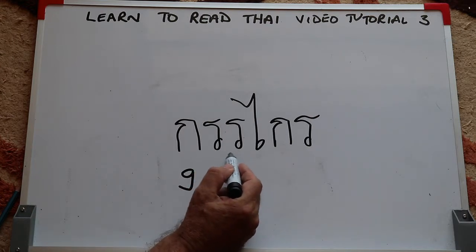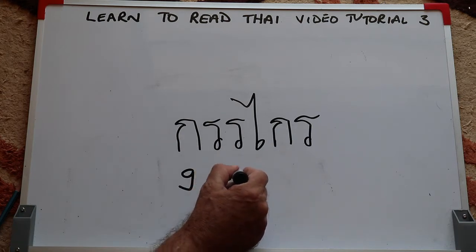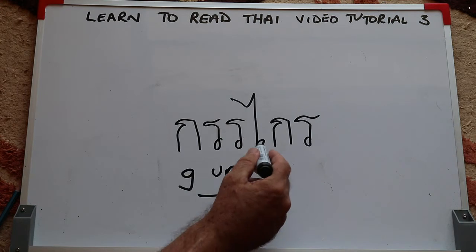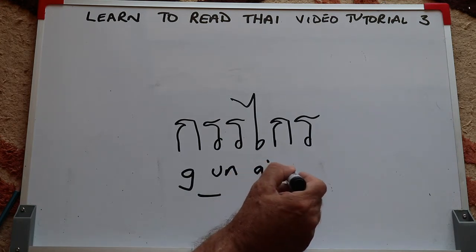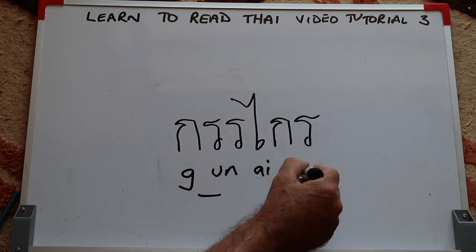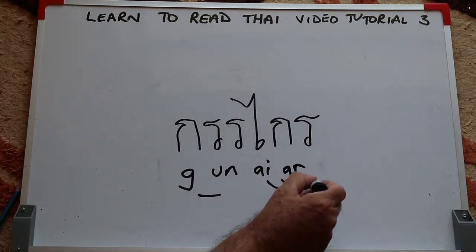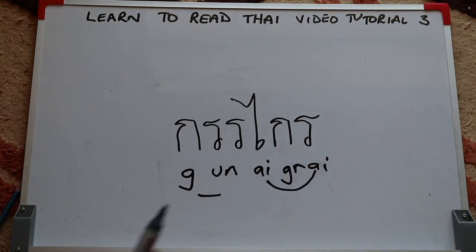So if you see two of these together without a final consonant, it just makes an un sound. So we have gun. Here we have the short I vowel, and again we have the gorgai G and the R, which makes a consonant cluster. So we just move that over to here, and we get the basic sound of gun grai. I'll get Pom to say that. Gun grai. And that word means scissors in Thai.